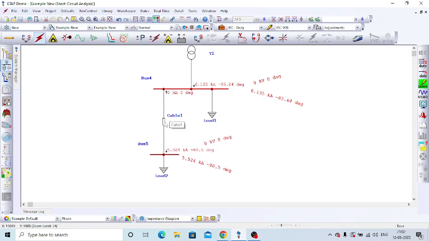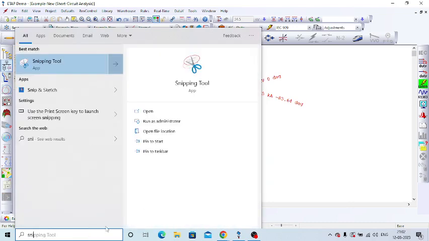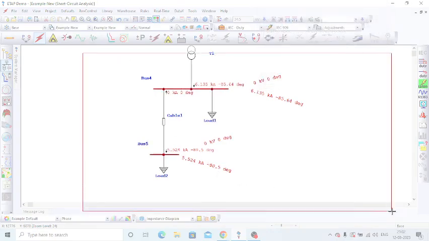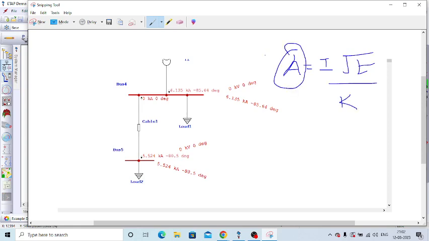Okay, in the cable selection also, there are some requirements. How to select the cable? For cable selection, there are multiple criteria. One of the criteria is fault current. A equals I times root T divided by K. A is the size of the cable, the square area.